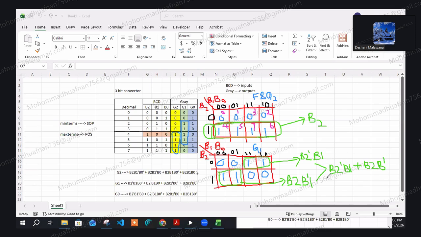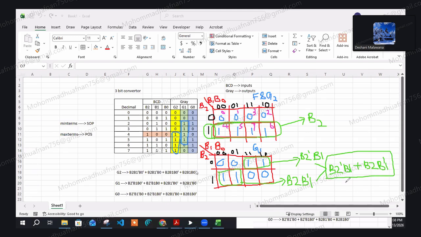If we see this kind of expression, definitely we can put the XOR for this one. You can see B2 dash B1 plus B2 B1 dash.